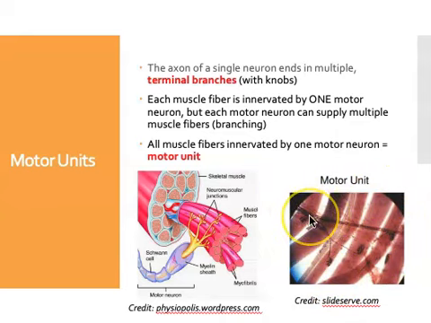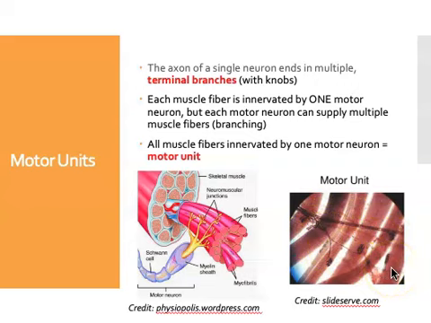This is the axon that is coming off of a single neuron, a motor neuron. Now, this axon is branching.